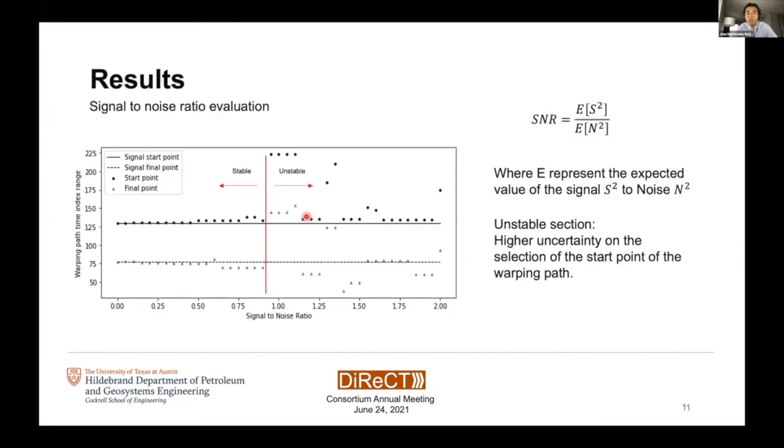We also evaluate the different levels of noise that this algorithm can handle and still find an optimal warping path. Basically, we identify that after some level of noise, the method becomes unstable, and we have more uncertainty on the selection of the starting point of the warping path. We observe that this algorithm becomes unstable at around 0.9 signal to noise ratio.